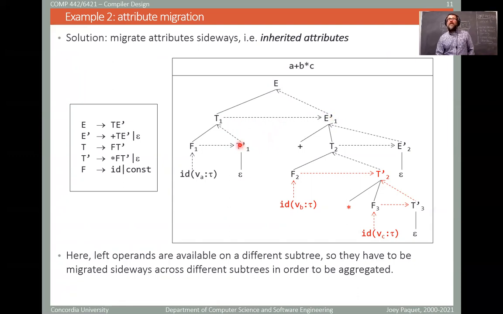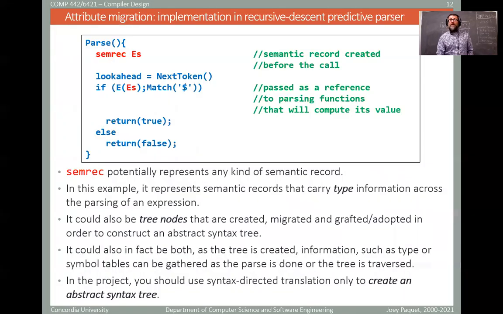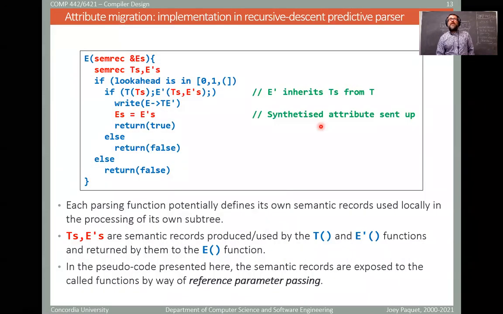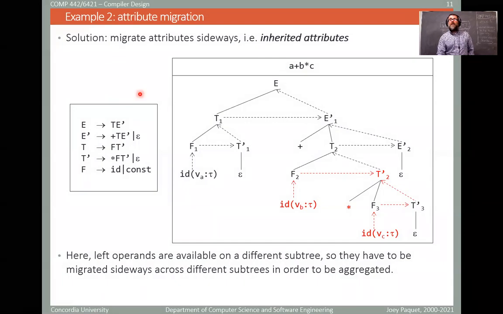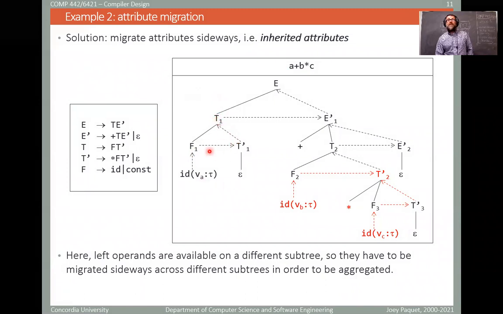Then eventually, this E prime needs to actually process this plus here. So it will actually need to be passed this synthesized attribute of T when this function is being called. So that's what's happening here. So you see that T is actually being passed this empty record, and it does this whole thing here.